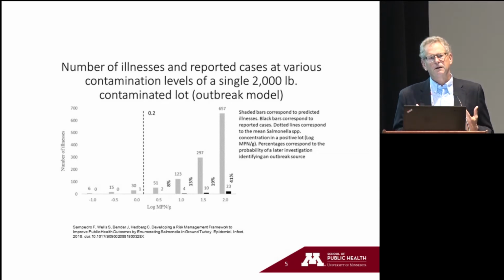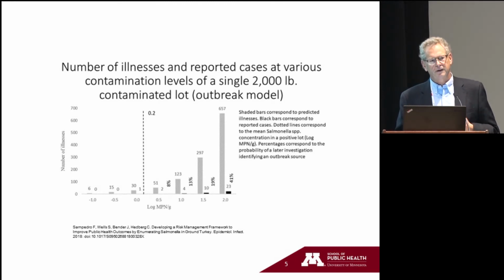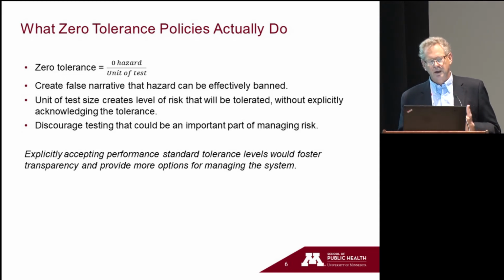So it's really clear that when we want to look at what the risk of illness is, either on an individual level or on a population level, knowing how much of the hazard is present in the commodity is tremendously important. So that allows us then to really look at what these zero tolerance policies actually do.